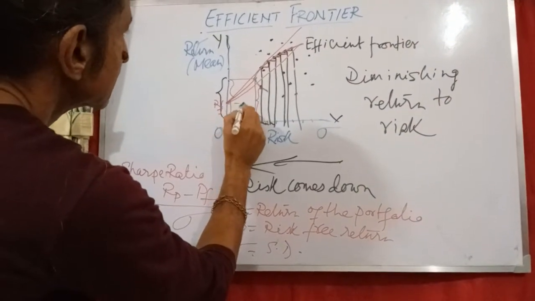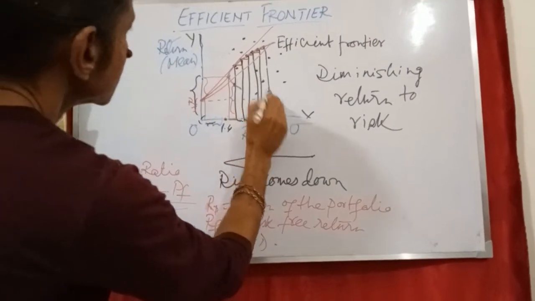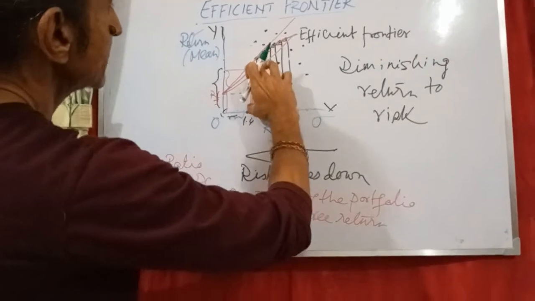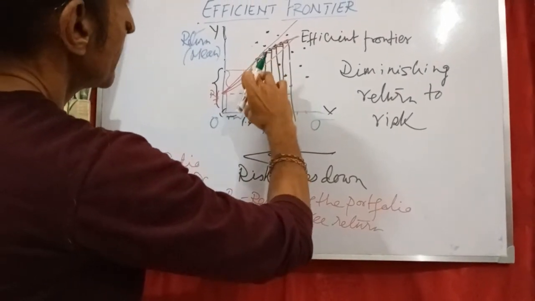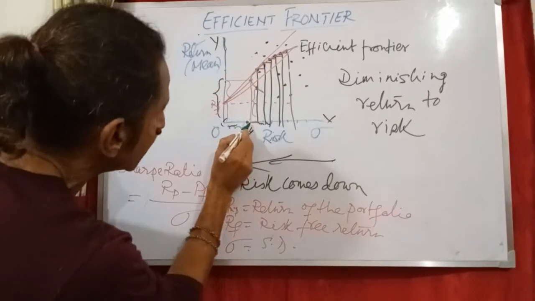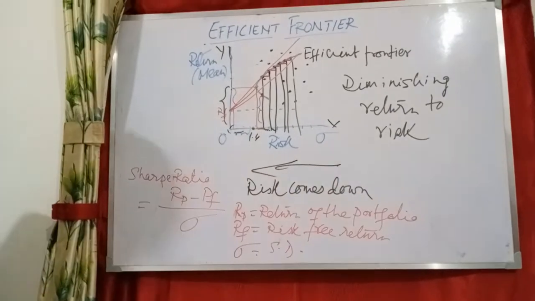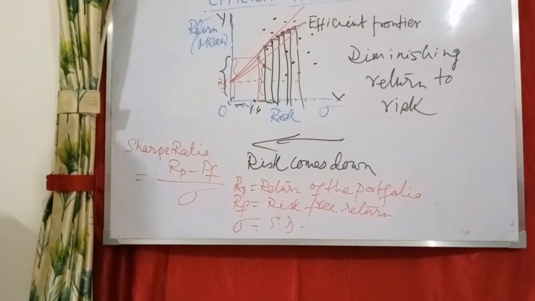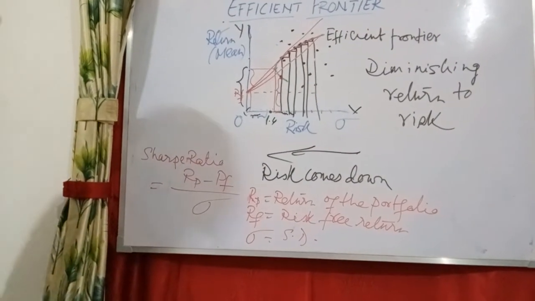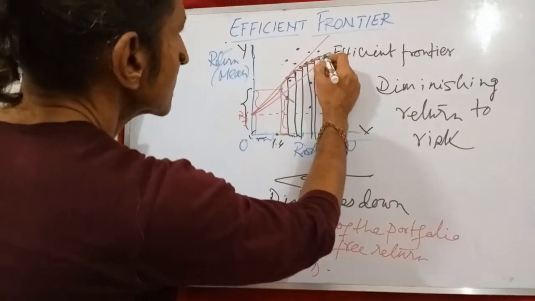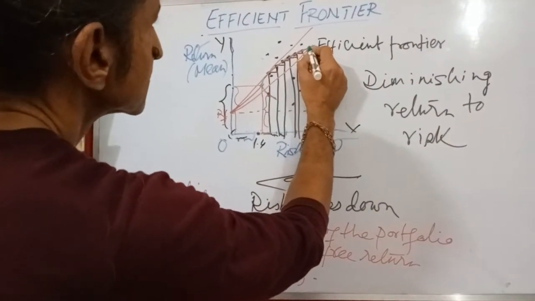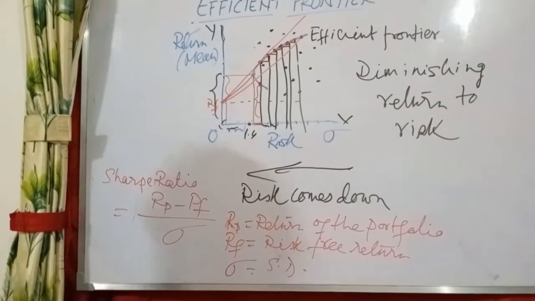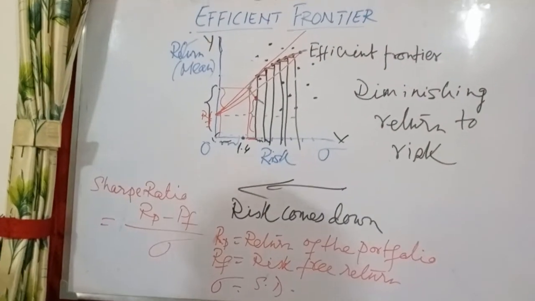This is the risk-free return. So this much minus this much divided by SD. Similarly, for this portfolio, what is the Sharpe ratio?